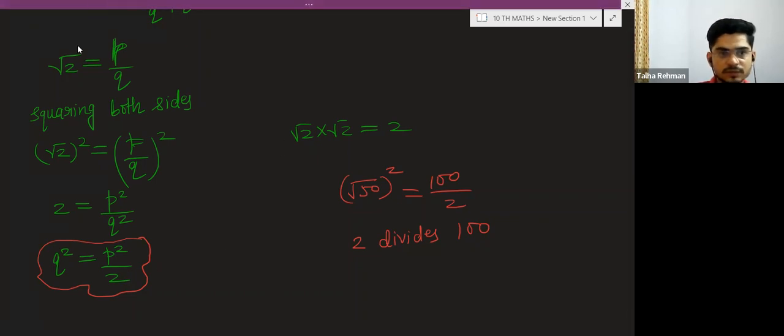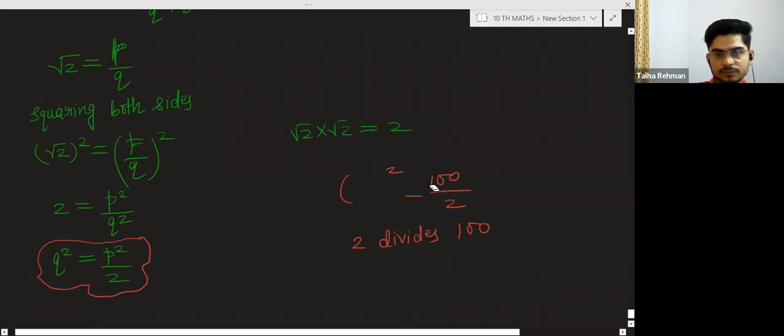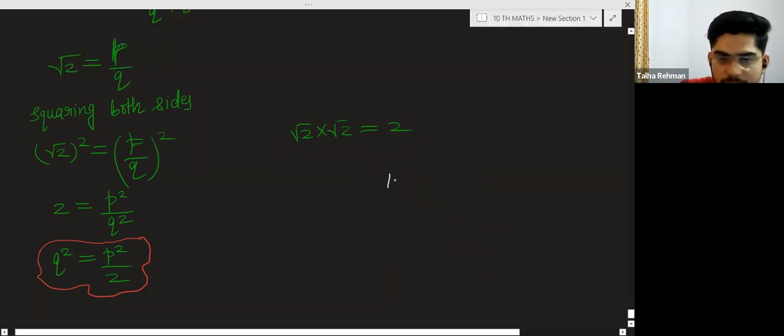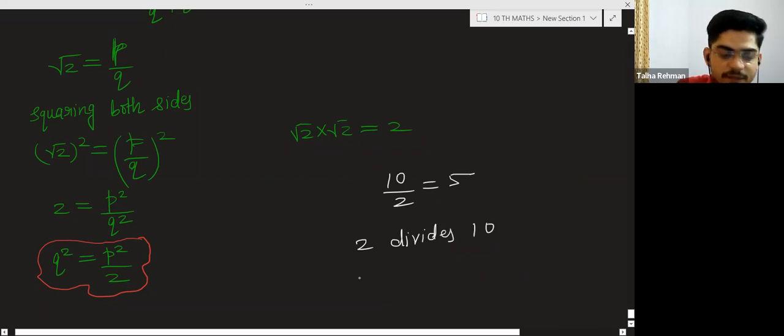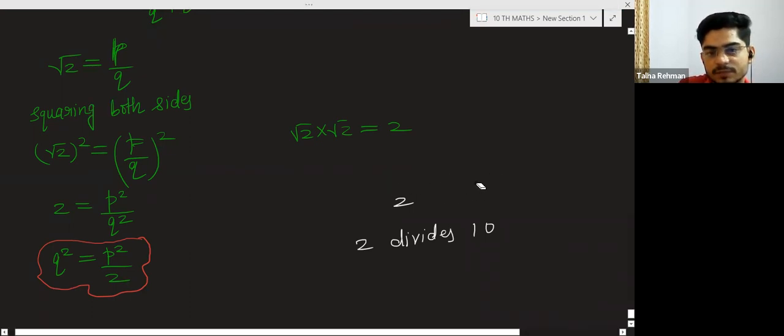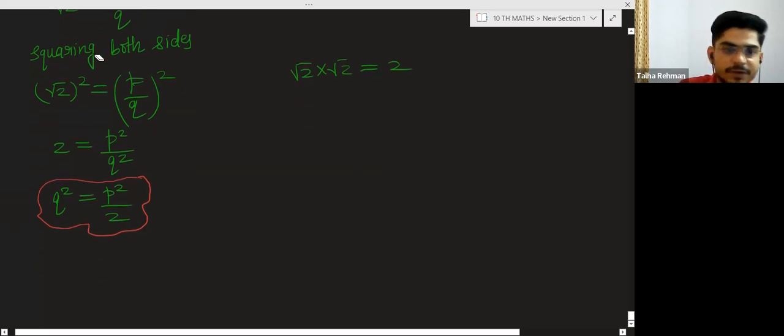Like 10 by 2 is equal to 5, so I can write 2 divides 10, or 10 is divided by 2, or 2 divides 10. The meaning is the same. So here you have to understand. This is the most important part of this.